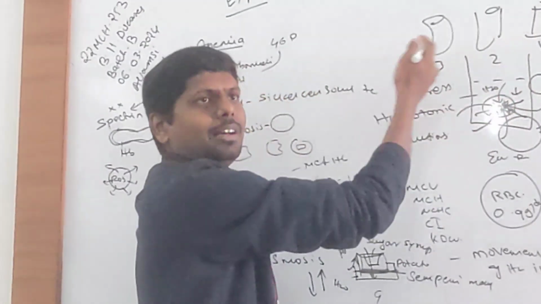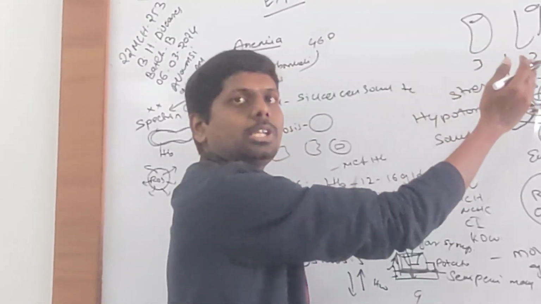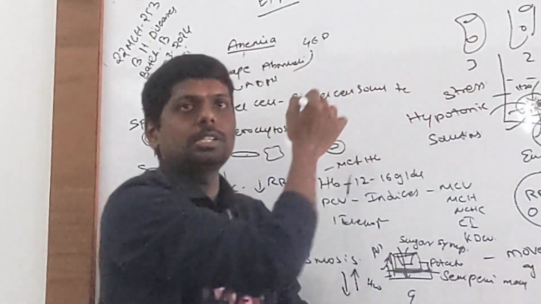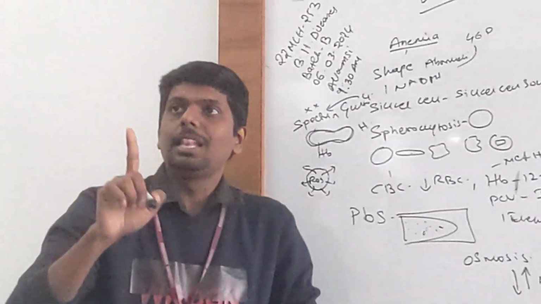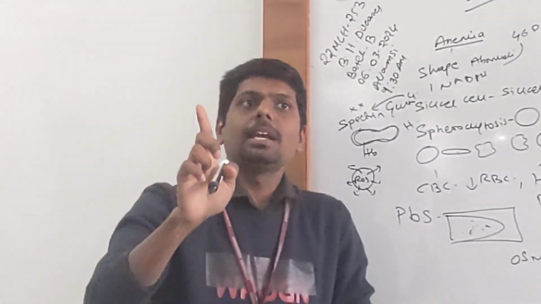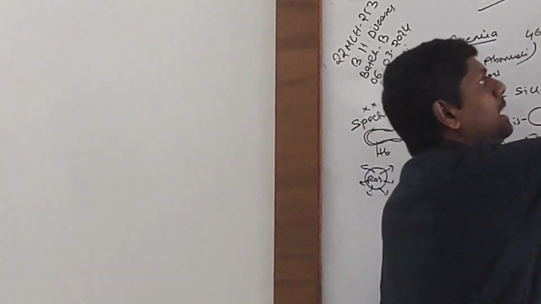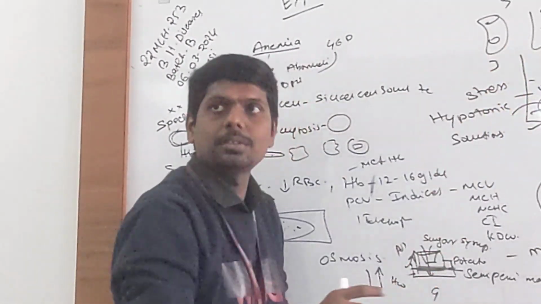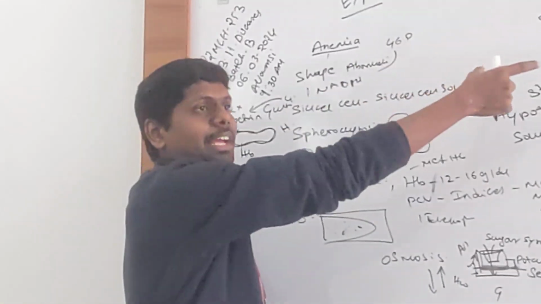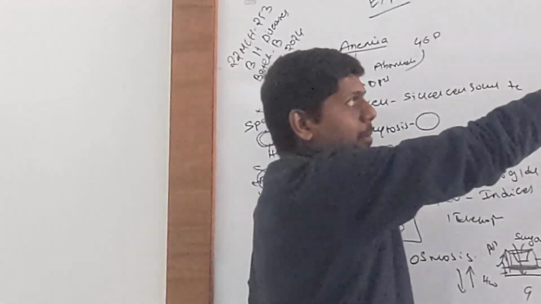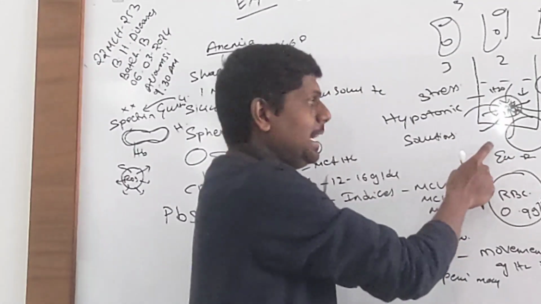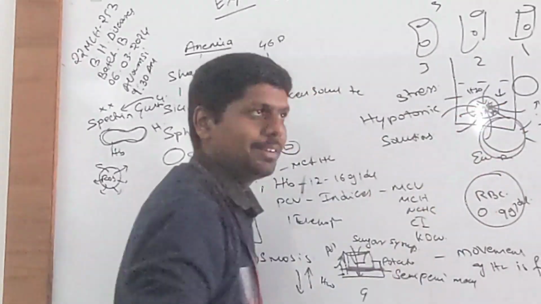I was increasing the concentration of the hypotonic solution, and I was subjecting red blood cells to various solutions. A normal healthy red blood cell should tolerate at least the stress of 3. At least 3 hypotonic stress it should tolerate. If it is not tolerating at least 3, and if it is immediately destroyed after suspending in hypotonic, that indicates it has some shape abnormality.